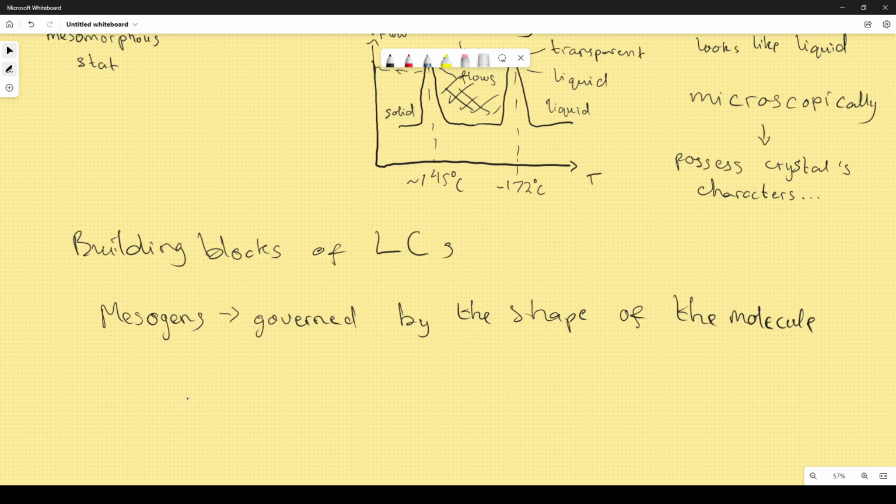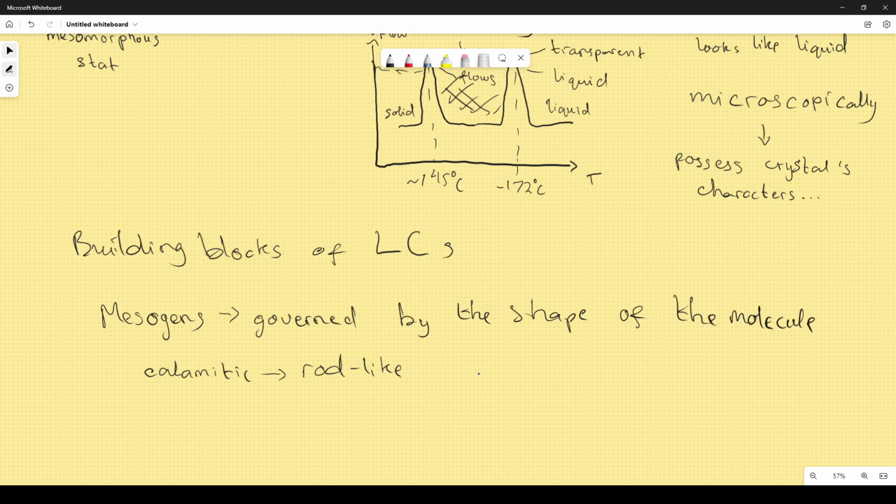So for example, there are two most well-known mesogens. We call them the calamitic mesogens, or the most common word is the rod-like mesogens.